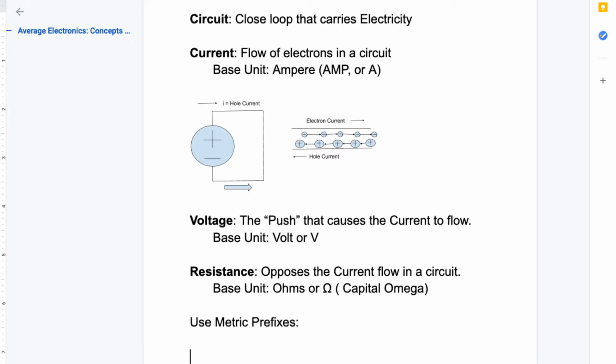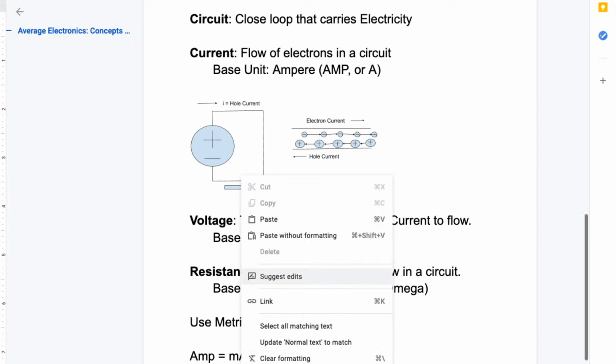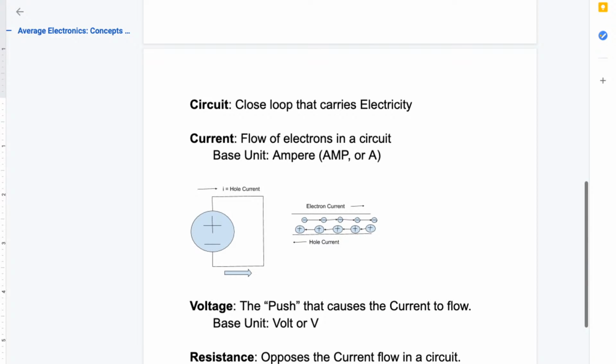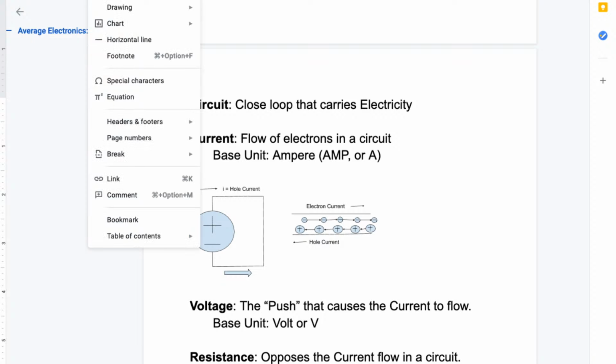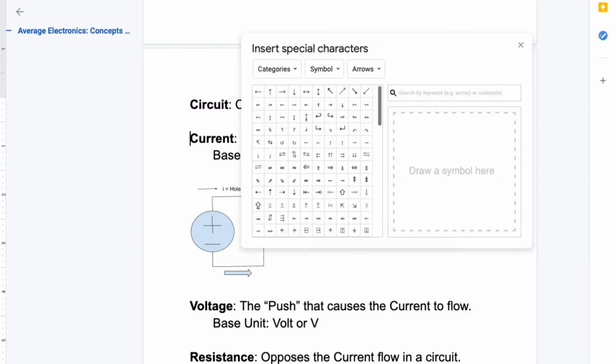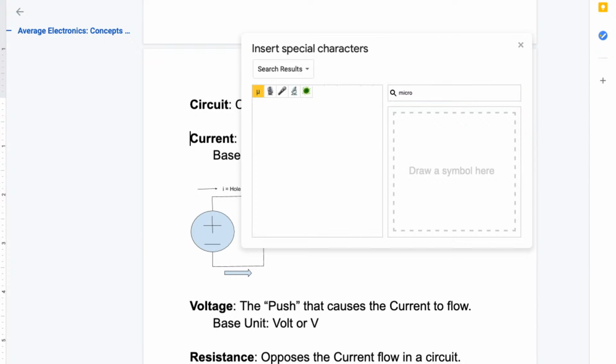And so, say amp can be mA for milliamps, or, let's see if I can insert a special character, micro.